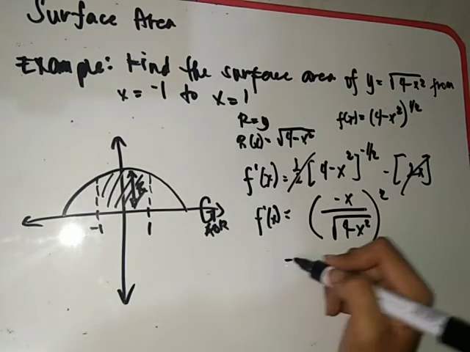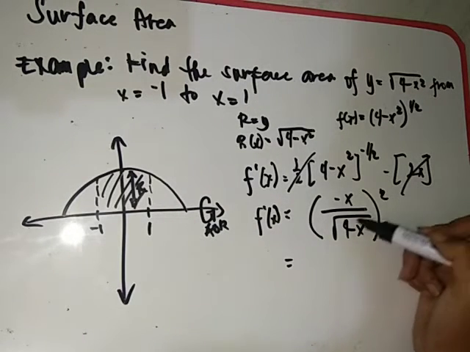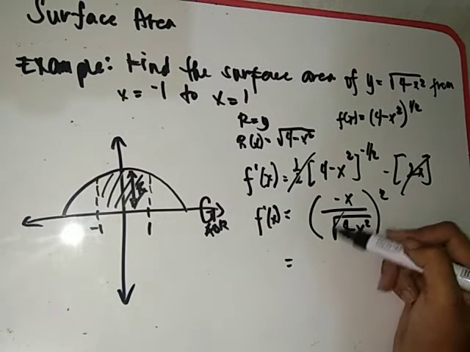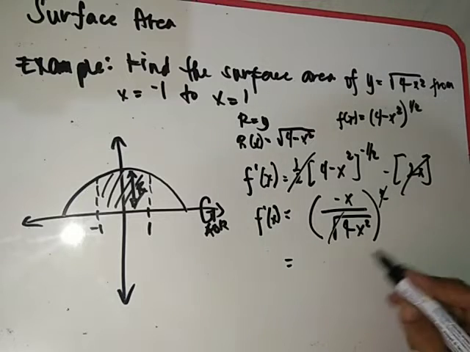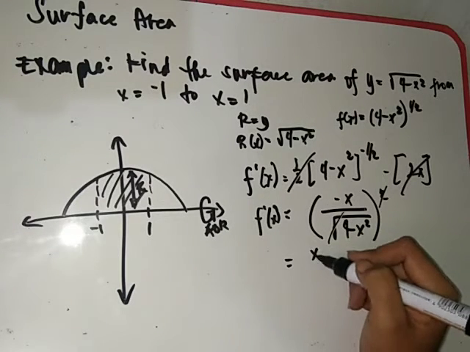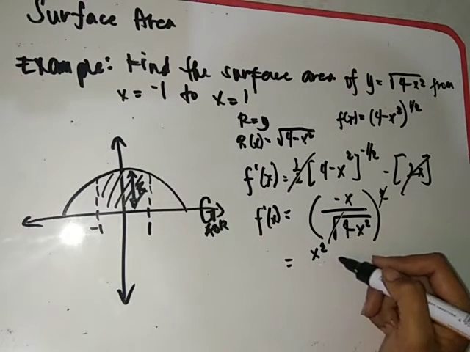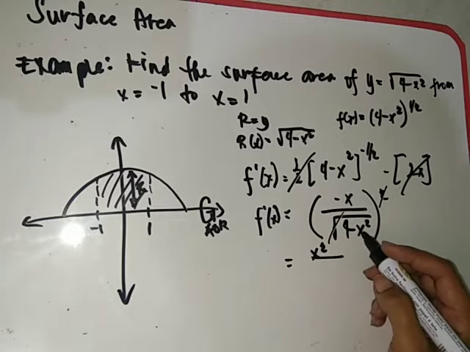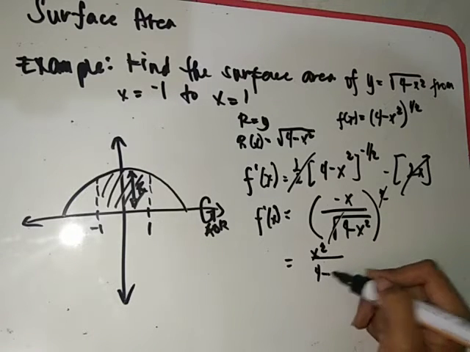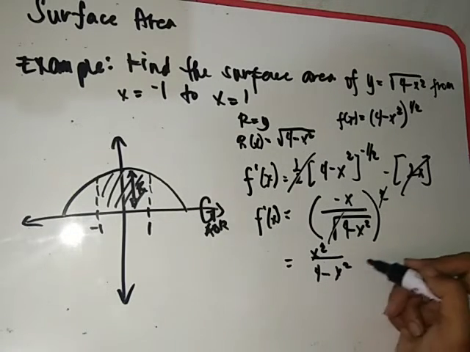So that is equal to, we have to cross out this, so we have the value of x squared over 4 minus x squared.